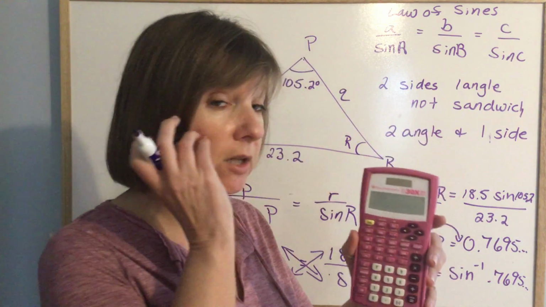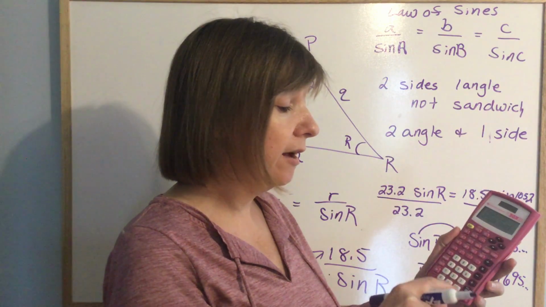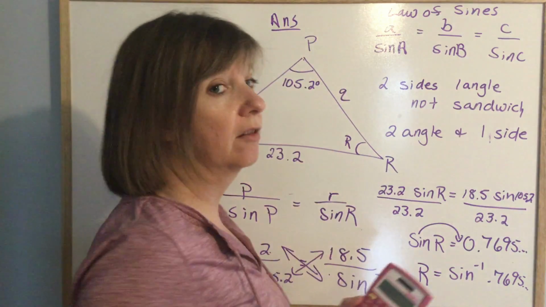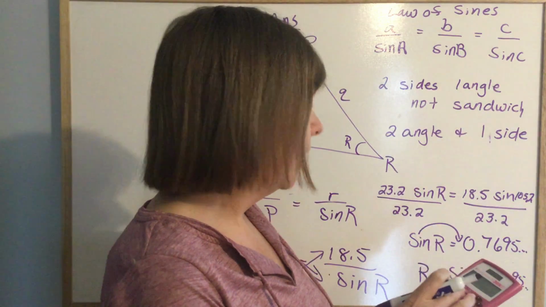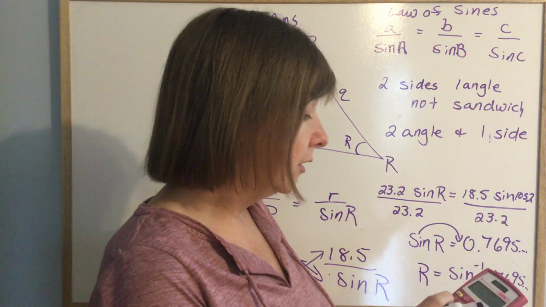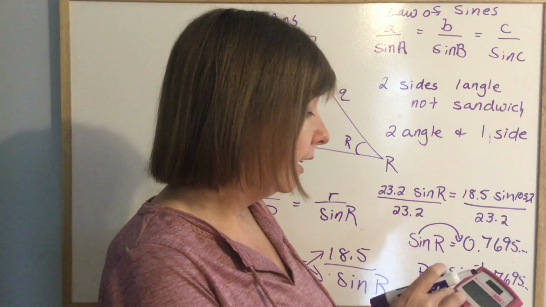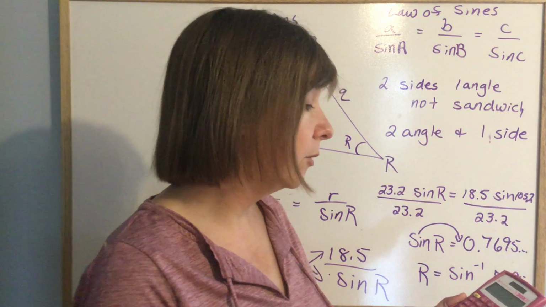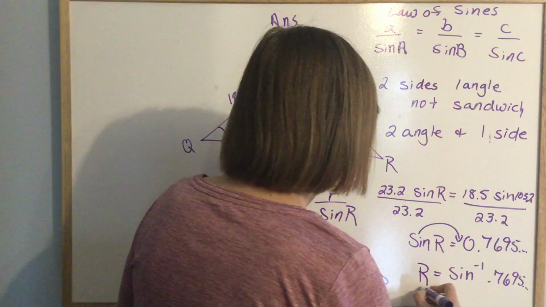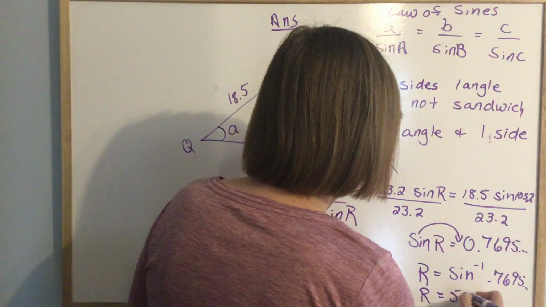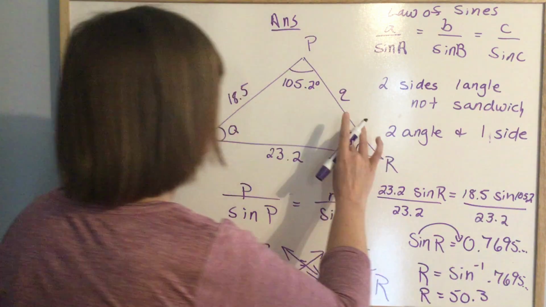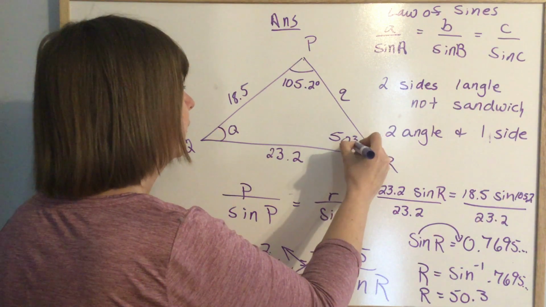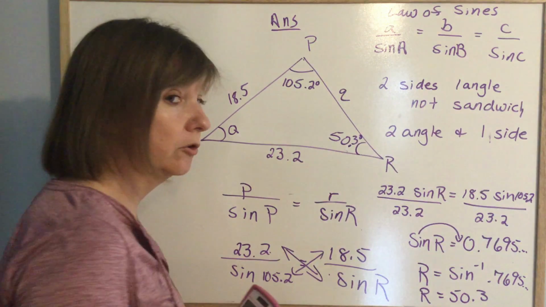Now, because I haven't cleared it off my calculator, and I have a little button that says ANS, which stands for answer, I'm going to do second function sine, and then I'm going to hit that answer button because that means of the answer that just a second ago was on my screen. And I'm going to get that R is 50.3. So now I know that angle R is 50.3 degrees.